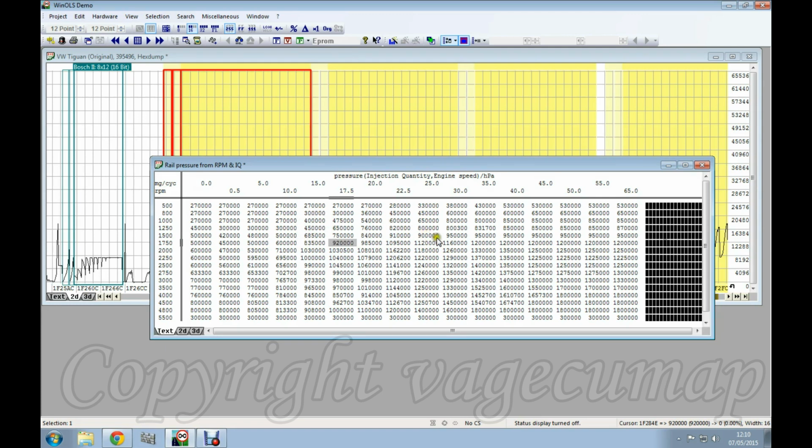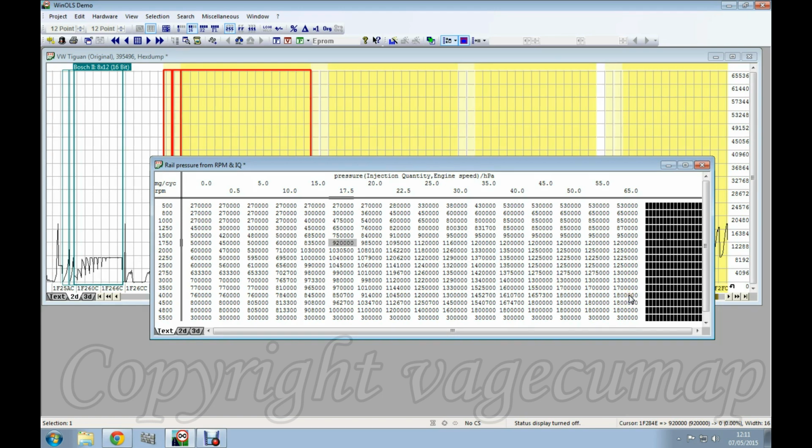And then as we go up through the rev range and through the amount of fuel we want to inject, in order for duration to work well, I'm going to need a higher pressure. So I can expect basically to find low revs with low injection quantities, I've got reasonably low pressure, and at high revs and high injection quantities I've got high pressure.